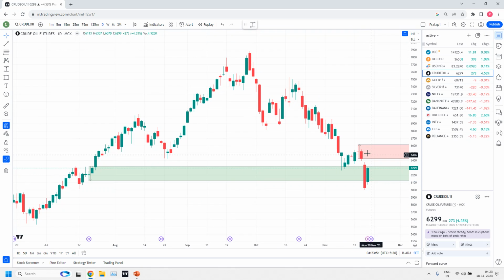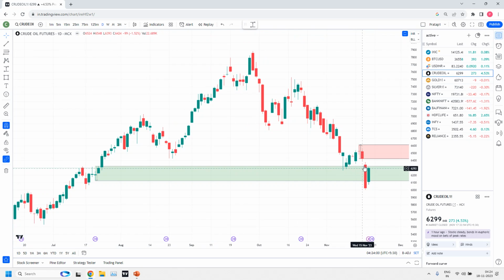So for a demand zone, the opposite side zone is a supply zone. So this supply zone gets the zone achievement. Once this zone gets a zone achievement, such zones are called tradable zones. Next time when price enters the supply zone again, there are higher chances of success.